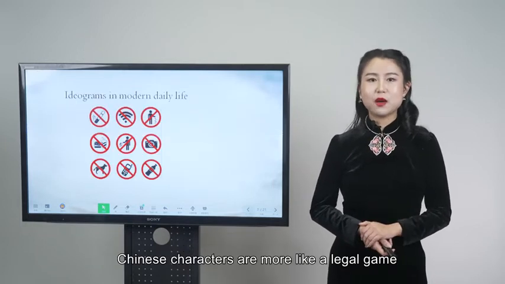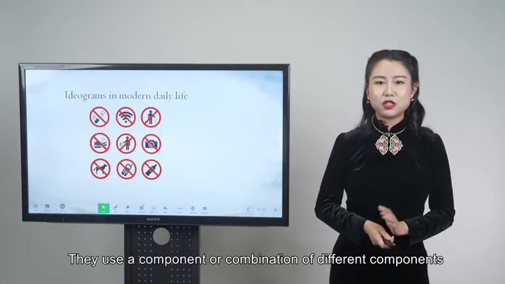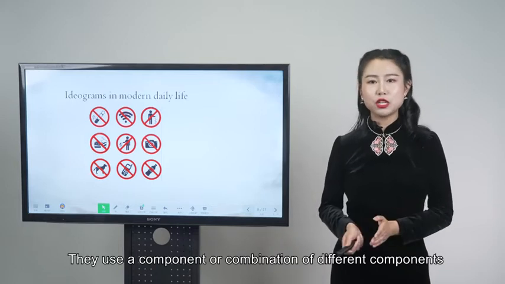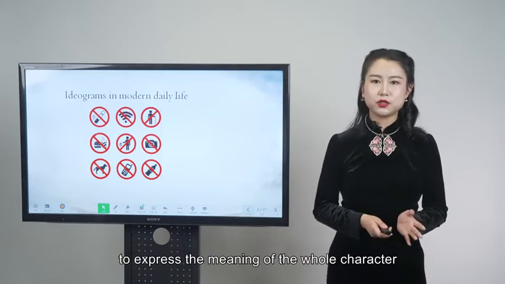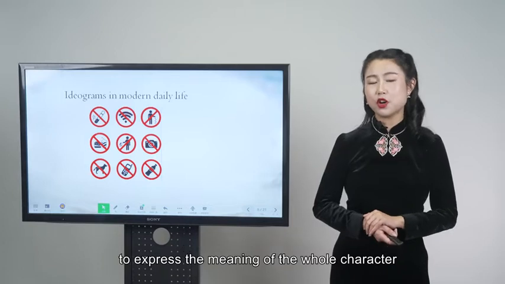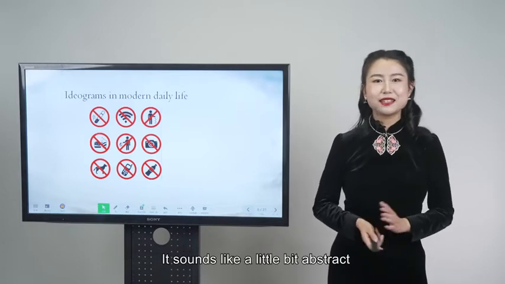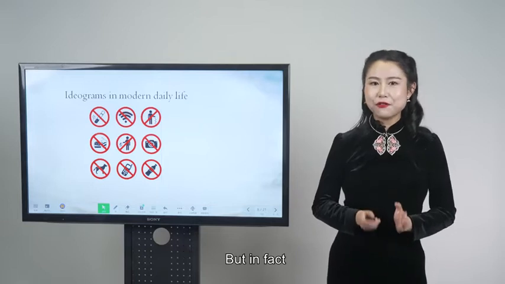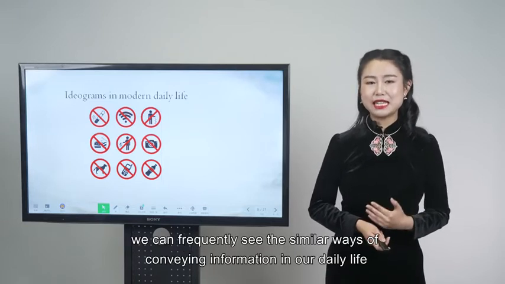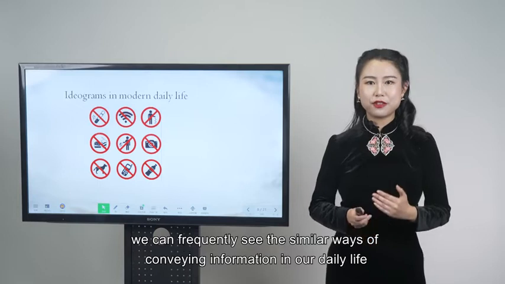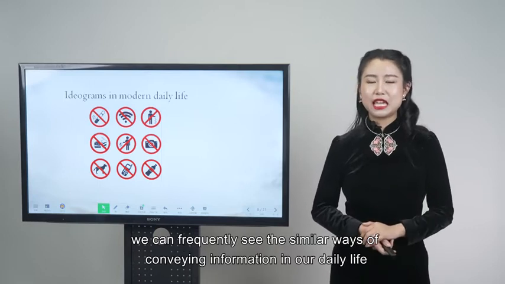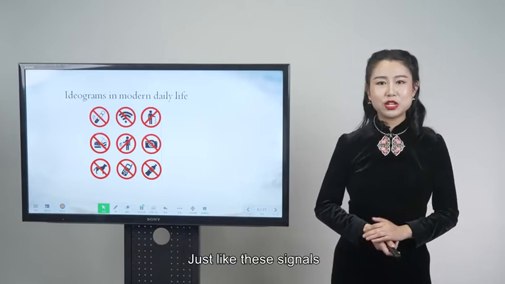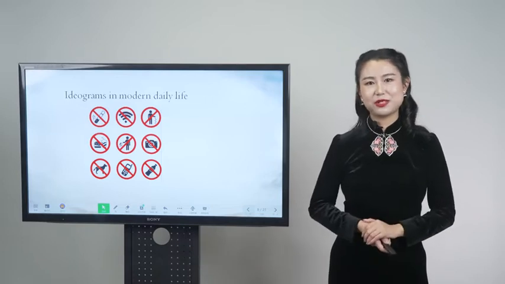Chinese characters are more like a Lego game. They use a component or a combination of different components to express the meaning of the whole character. It sounds a little bit abstract, but in fact, we can frequently see similar ways of conveying information in our daily life, just like these signals.